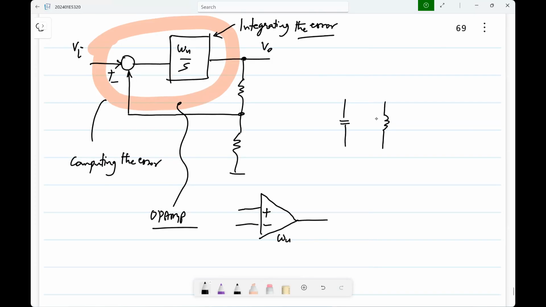The capacitor says that the voltage is the integral of the current, and for the inductor, the current is an integral of the voltage. But for practical reasons, we can't make large inductors at all, whereas we can make very good capacitors. So we will be using only capacitors for this. In principle, you could have used inductors, but in practice it's almost always not possible.